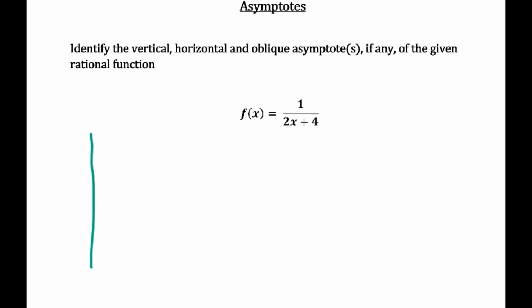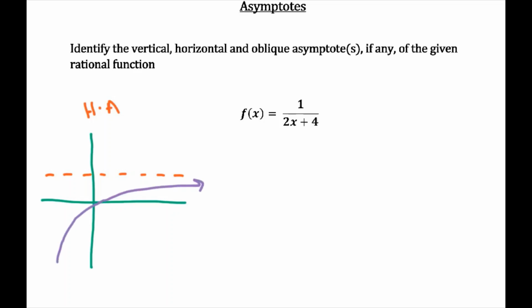A horizontal asymptote, in which the graph of a function might approach that line but will never intersect with. And we do have a vertical asymptote, in which again the function will approach that line but will never cross it.